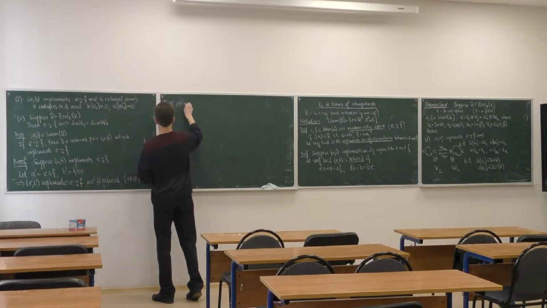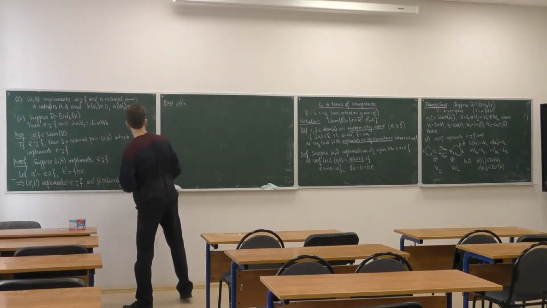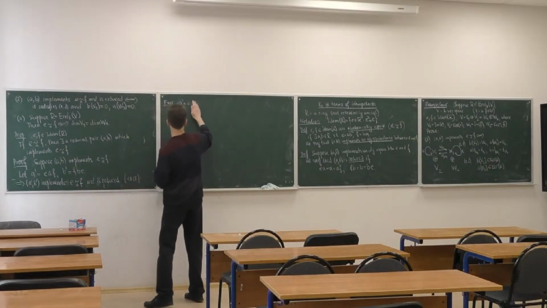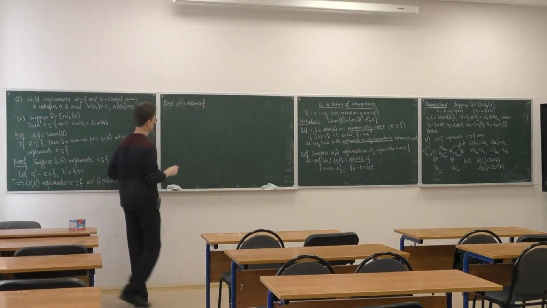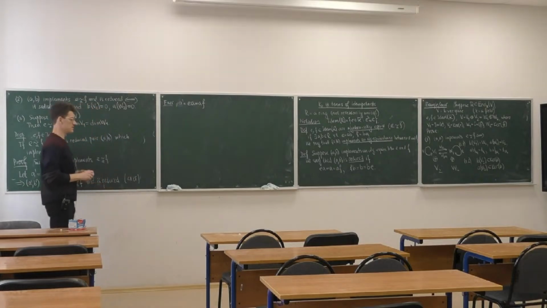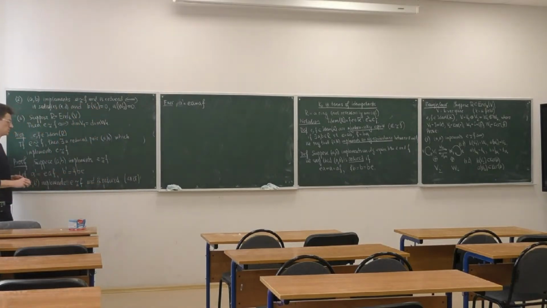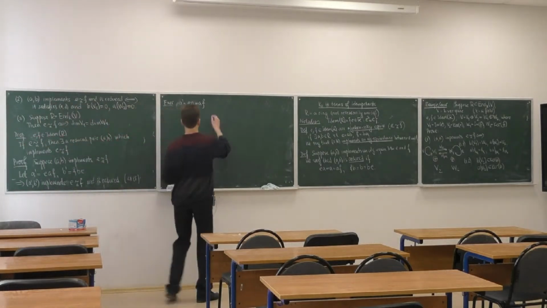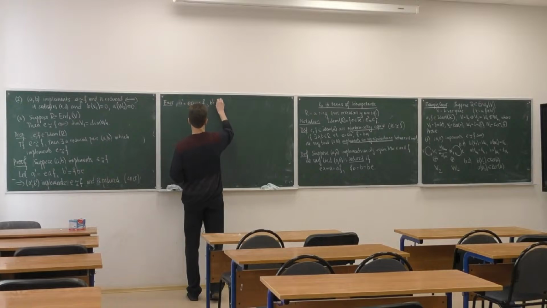Actually, A prime equals EA, or it is equal to, just the other way around, AF. So we can multiply A by the respective idempotent only on one side, on the left or on the right, and we get the same element, A prime. And similarly for B prime. B prime equals FB, and it equals BE.